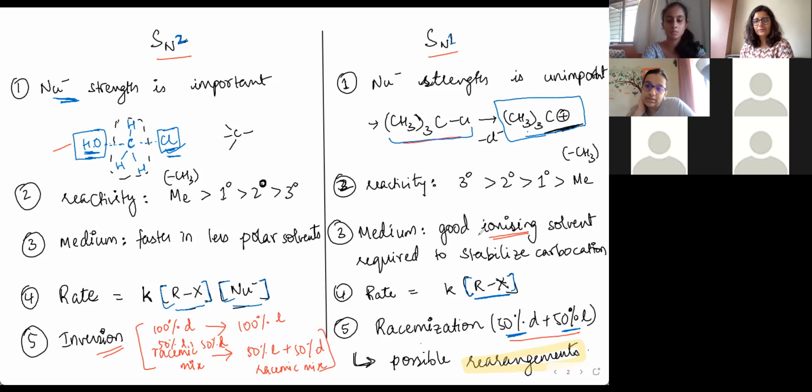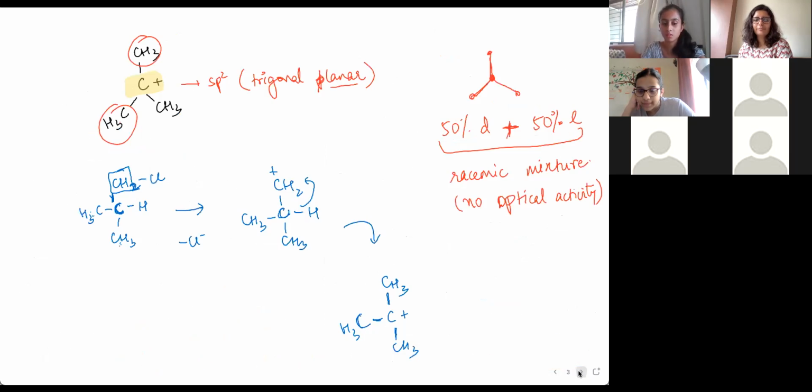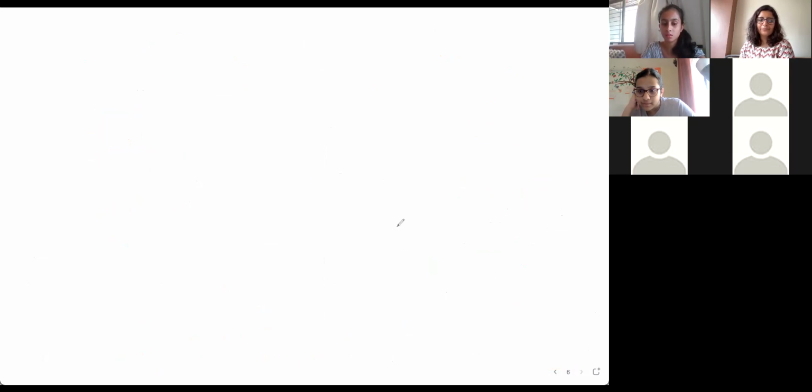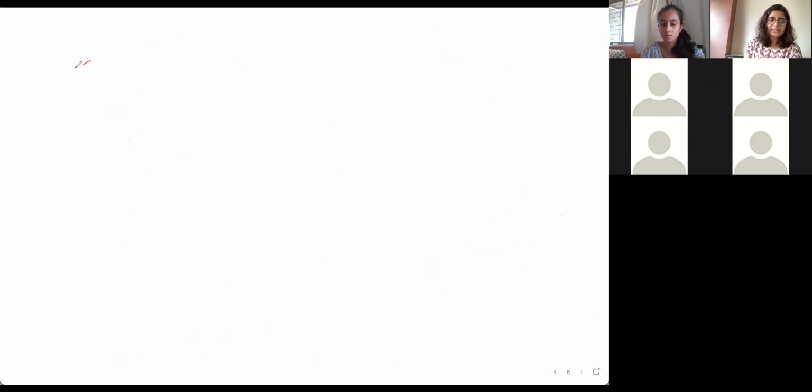But I didn't understand how being attached to the ring versus being attached to the chain tells us whether or not it's SN1. No, that doesn't tell us whether it's SN1 or not. We know that in the case of benzylic, you have a phenyl structure, so here resonance is already taking place.